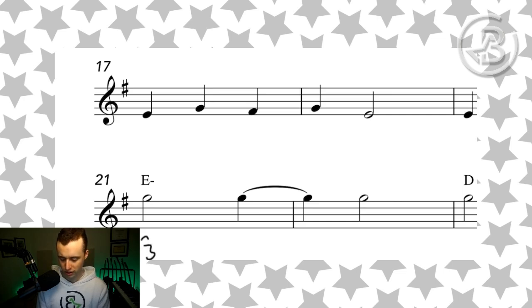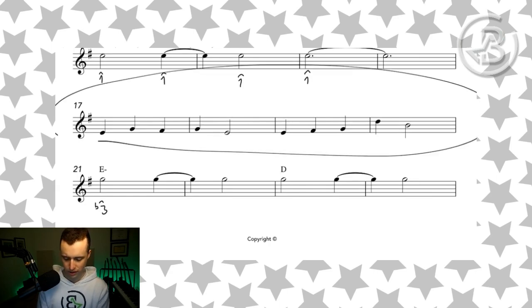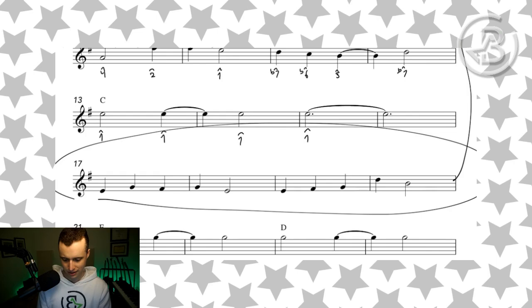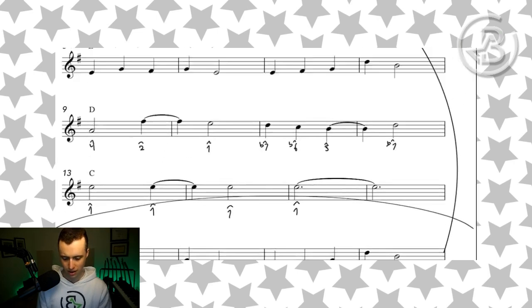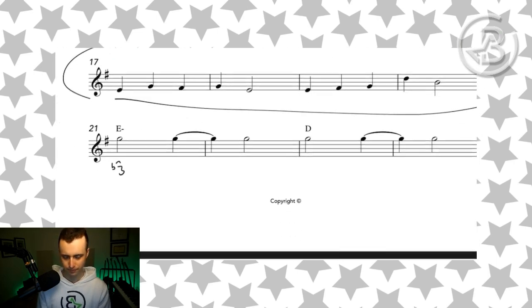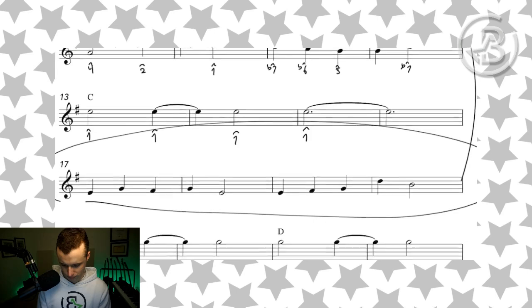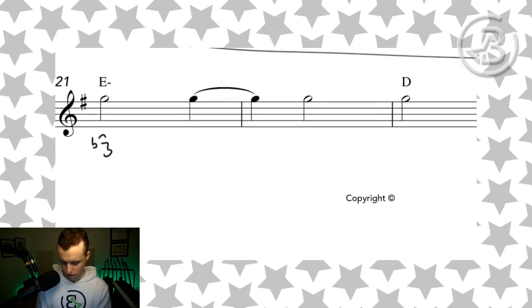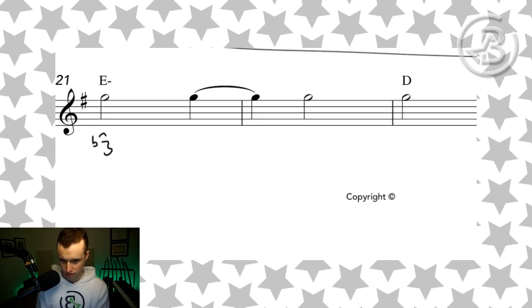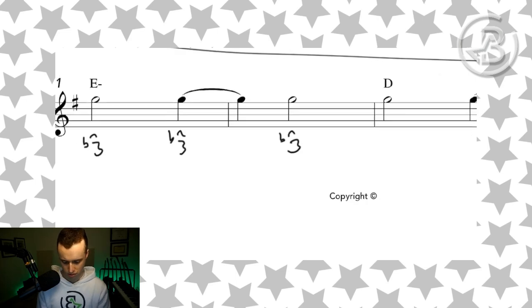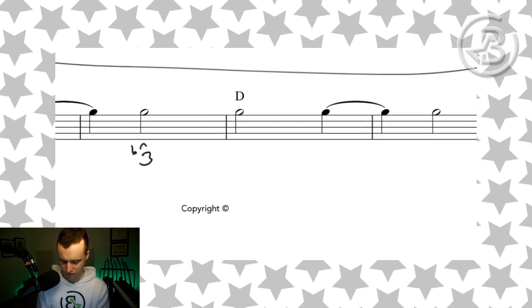So just to be clear, measure 17, this whole line right here is the same exact notes as our first line up here. Yeah, same notes. 3. Again, we have a flat 3. Once more, flat 3. Bunch of flat 3s.